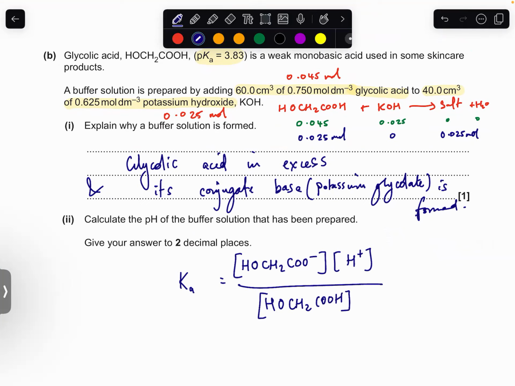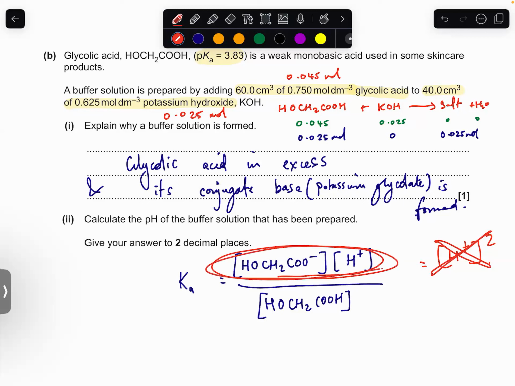That's the expression. And because this is a buffer solution, this does not equal H+ squared. No, no, no. These are not the same as each other in a buffer solution. In a weak acid only, that assumption can be made, but not in a buffer solution. Please be mindful of that.